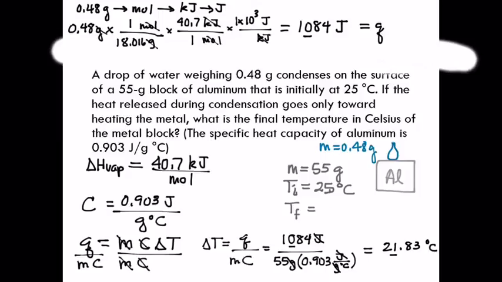So T final equals the initial plus the change. So that's what, 47 degrees Celsius. Any questions?